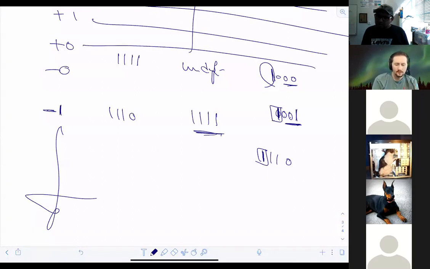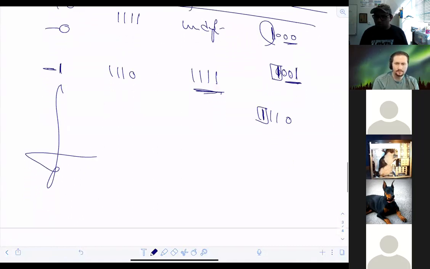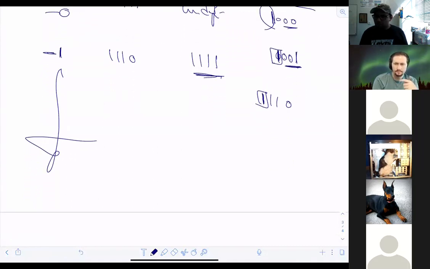You know why you flip, right? I'm asking why we didn't flip this one, the most significant bit. The most significant bit is the sign. You cannot flip it, so you don't. You have to reserve it because this is a sign value. You are not allowed to flip the sign.